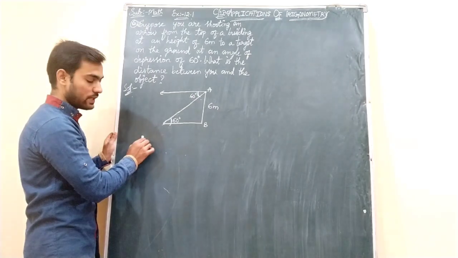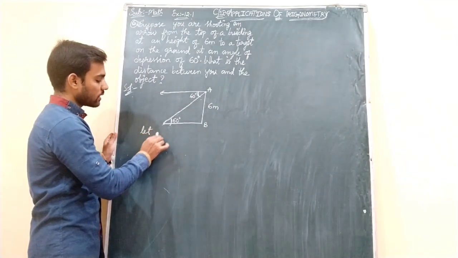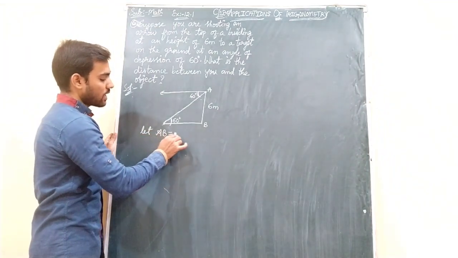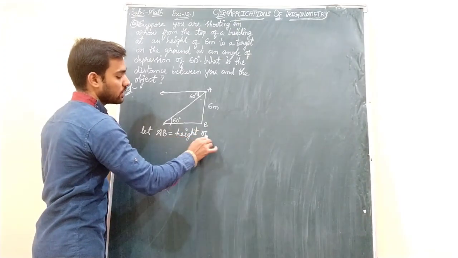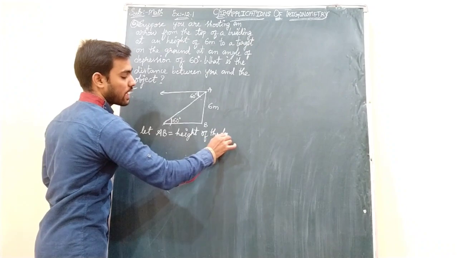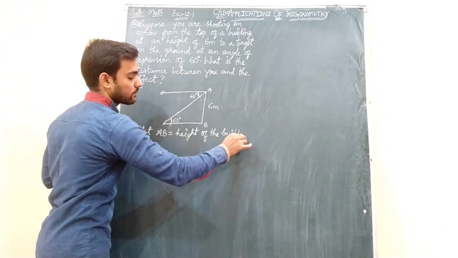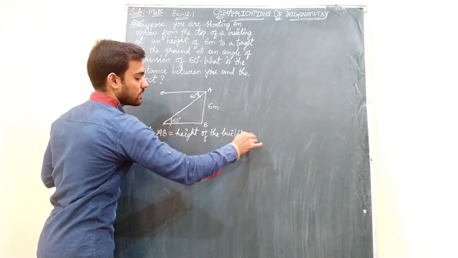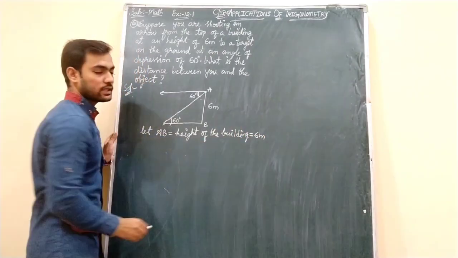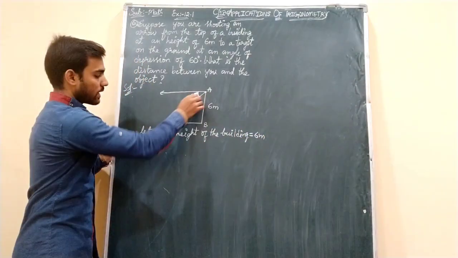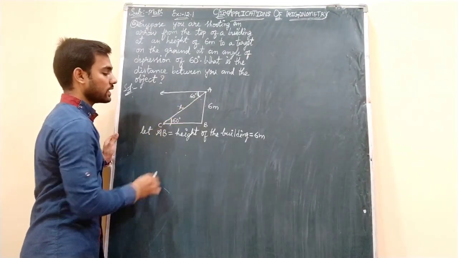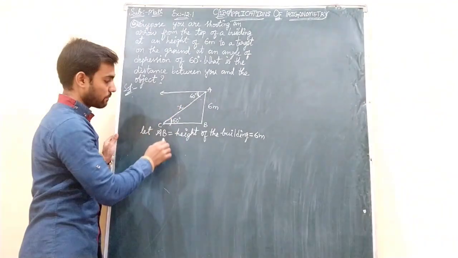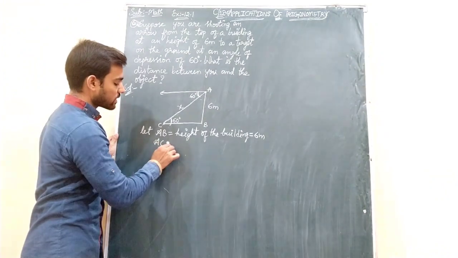So that only we will write now. Let AB be the height of the building where you are standing, that is 6 meters given in the question. Now AC we need, this is C, taking it as X. So AC is what actually, students?